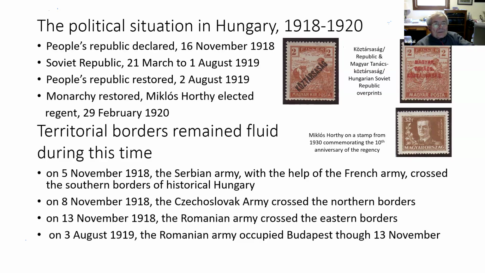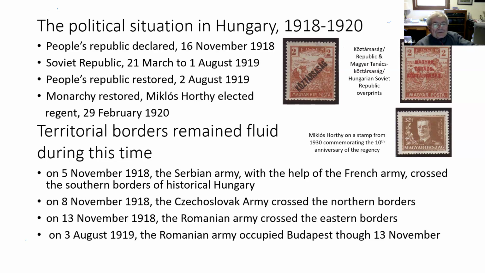All this time, the territorial borders were fluid. There was not any particular official determination of where the borders were. It was basically determined by which army was occupying where.